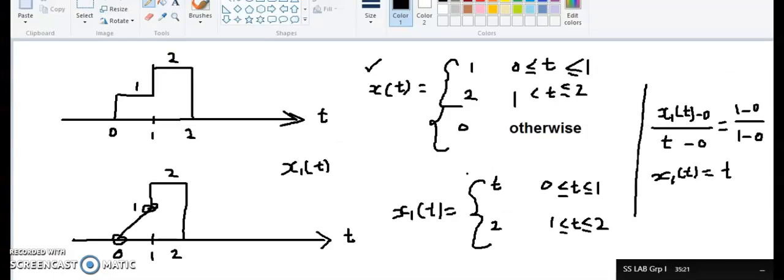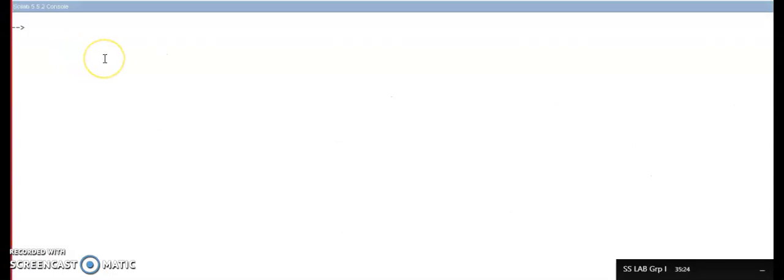तो x1t को प्लॉट करने के लिए क्या करना पड़ेगा? वही सबसे पहले हमें t डिफाइन करना पड़ेगा, -2 to 5 डिफाइन कर लिया. फिर x1t was t, तो 1 की जगह t लिखना पड़ेगा.